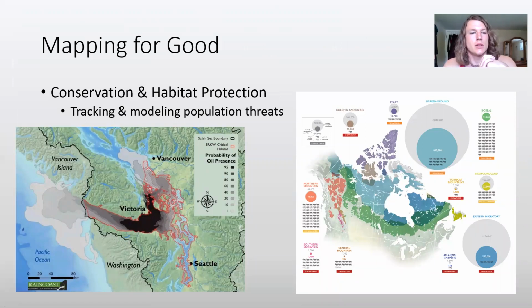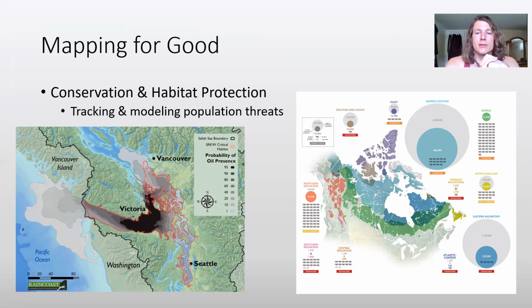Some other examples, a little closer to home. It can be used as a great tool for conservation and habitat protection. So for instance, you can map out orca populations and the probability of oil spills or oil presence and see how that influences orca migrations, for instance.